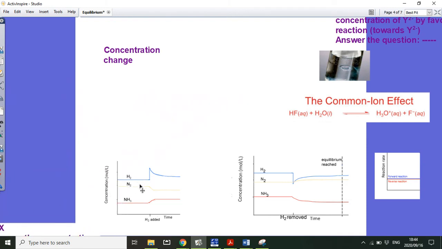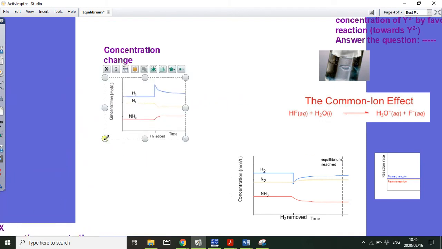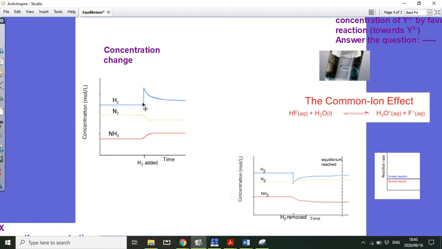So if it was our H2 N2 reaction again, you can see I've added H2, this one shot up. But the reaction is immediately going to try to get rid of it by favoring the reaction away from the H2.